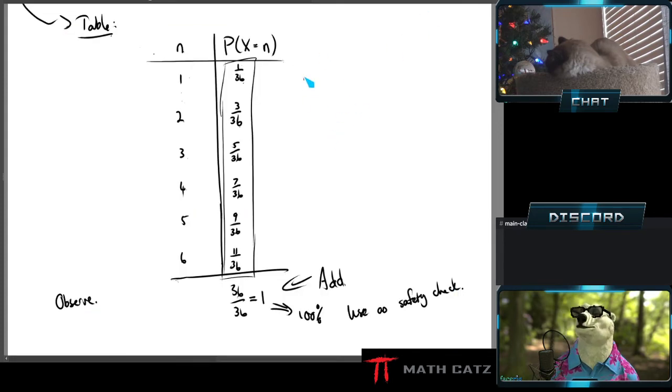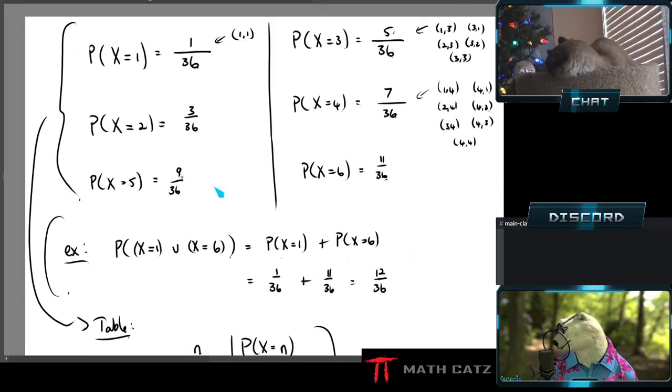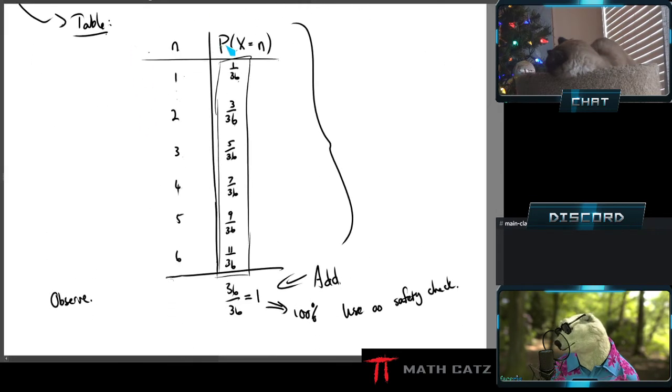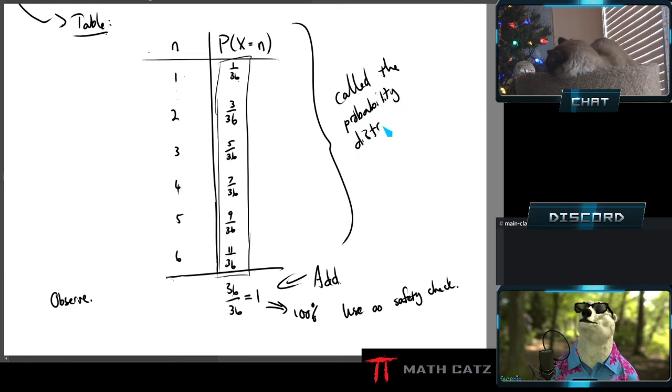So before I do that, this whole thing, as well as the top here, as well as this, where I list all the probabilities, this is called the probability distribution of X. I have to say the variable.